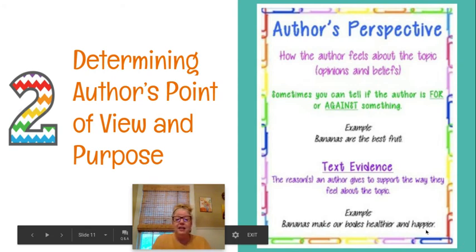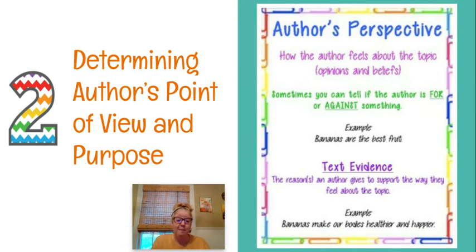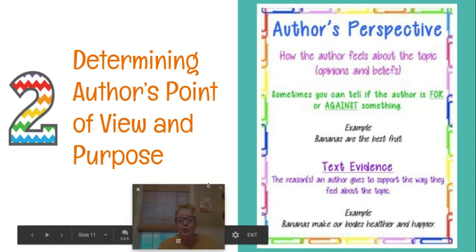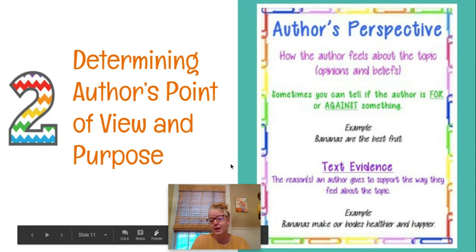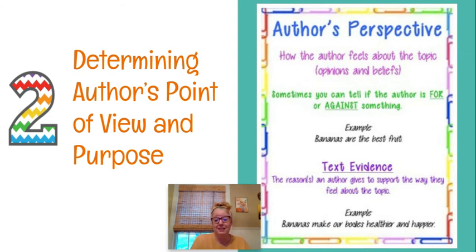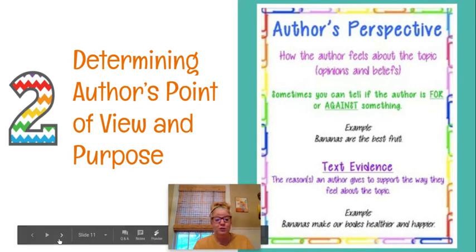Now that is the author's opinion. They may be able to give us some facts to back up the health benefits of bananas, but happier, maybe some people aren't happy eating bananas, right? But we can also use that to tell what the author's perspective or point of view is. This author really likes bananas, and this author thinks that bananas are a very good fruit to eat.